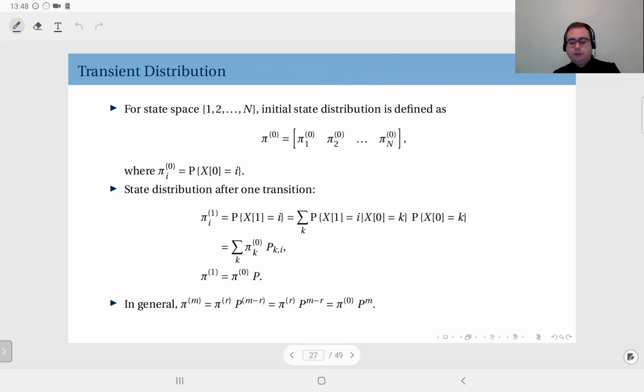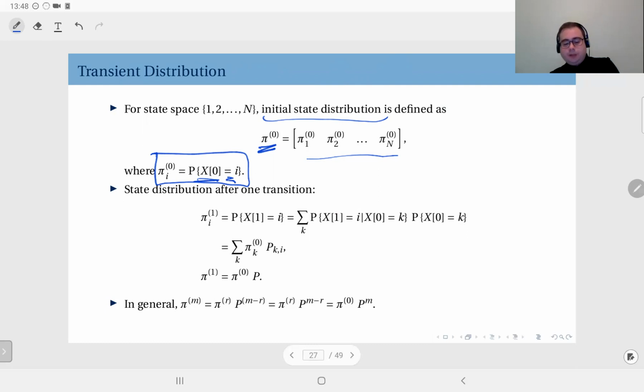If you know that the initial state will take any of the states with respect to this distribution, this we call pi 0, the initial state distribution. Okay? So essentially how we define this is given here. Probability that X of 0, the initial value, is i.